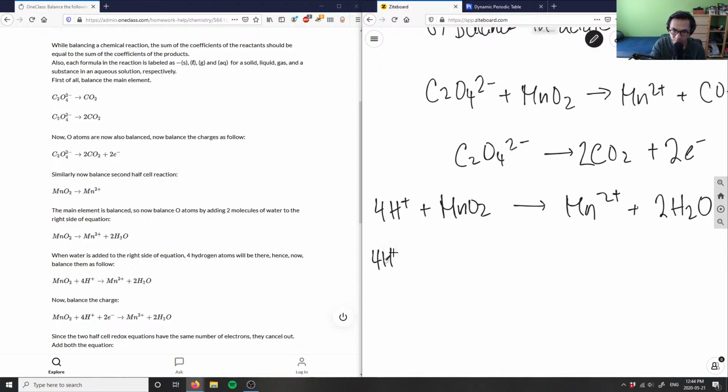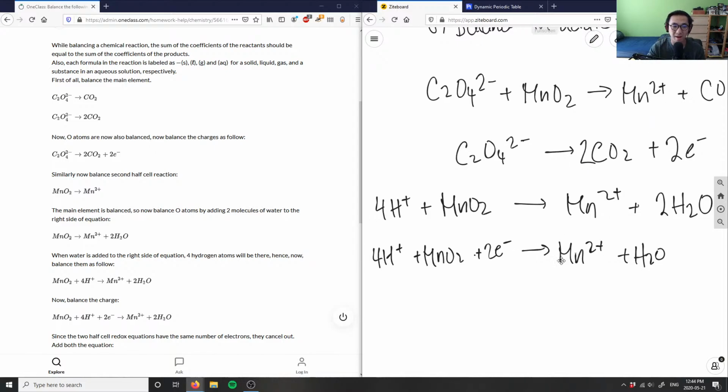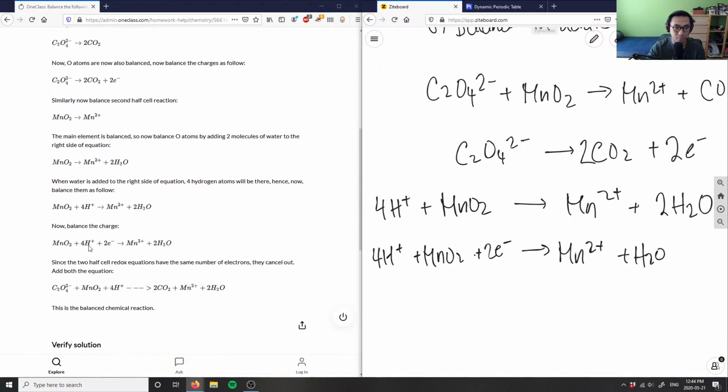So 4 H plus, MnO2 plus 2 electrons is going to yield Mn2 plus and 2 H2O. So this here, as you can see, is going to be my balanced half reaction for this compound. So this is good. So that's what they did here, right? MnO2 plus 4H plus plus 2 electrons is equal to that.